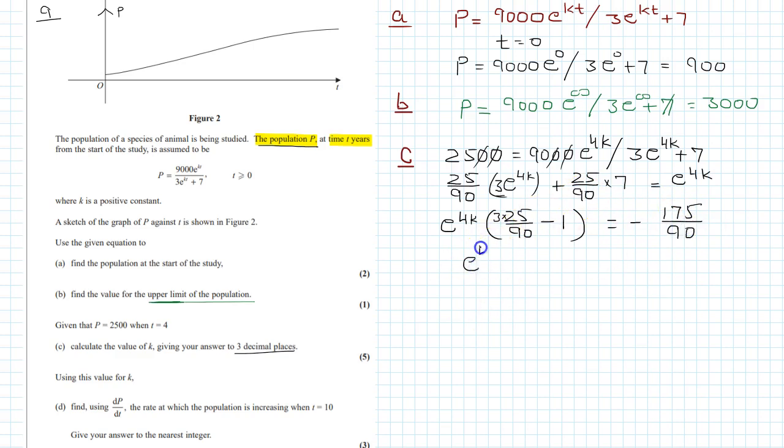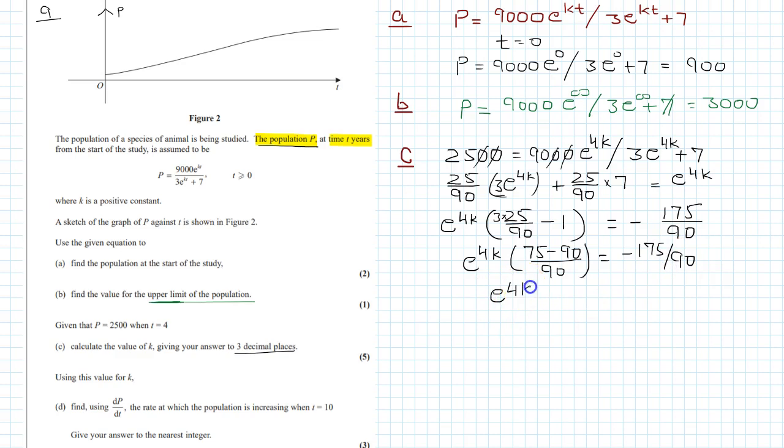So e to the power 4k, this will be 75 minus 90 over 90 is equal to minus 175 over 90.